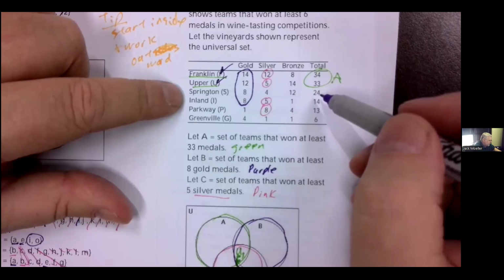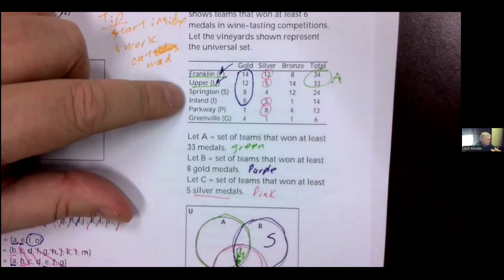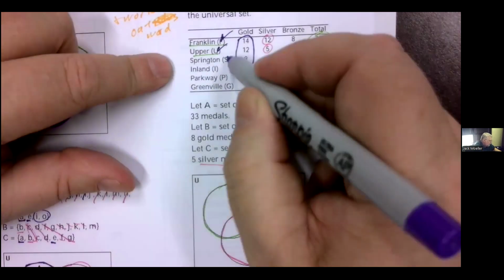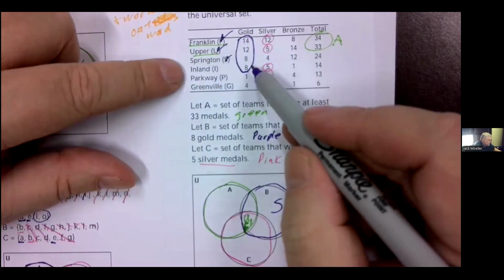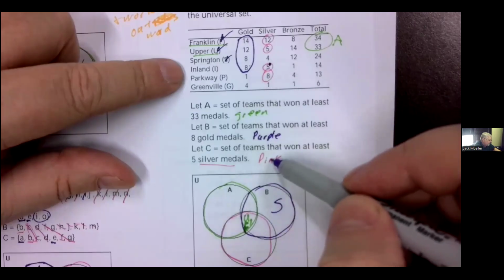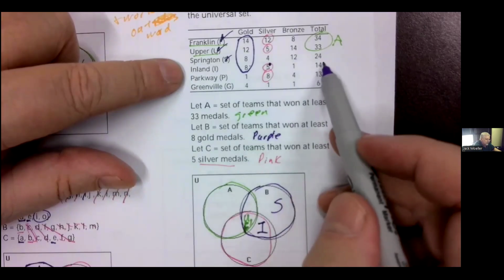That means they only won 8 gold. So Springton is only in B. That's up here. Now Inland is gold and silver, so that's pink and purple. That would be right here. It's not in the green because they didn't win at least 33 medals.